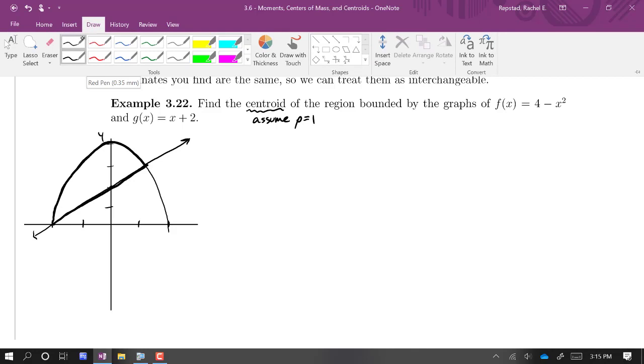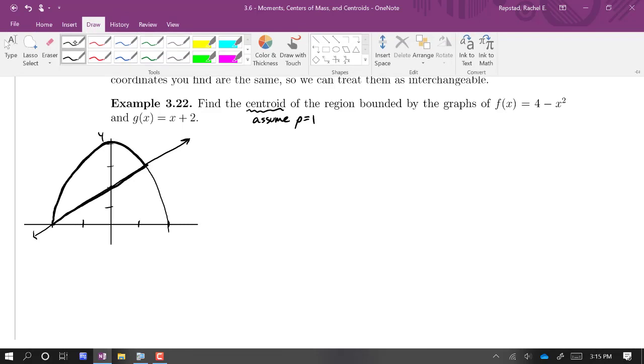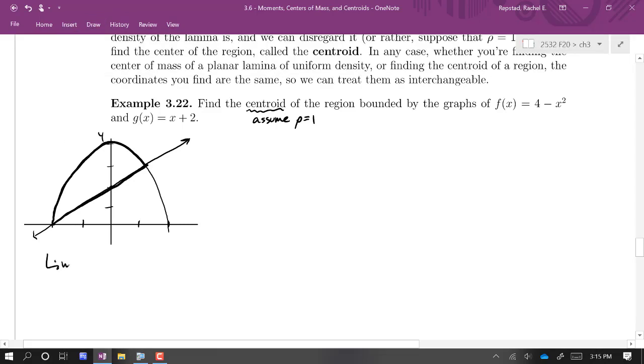Now, if we're going to do these integrals, we'll need to know the limits of the region. So let's find those first. Let's say x plus 2 is equal to 4 minus x squared.